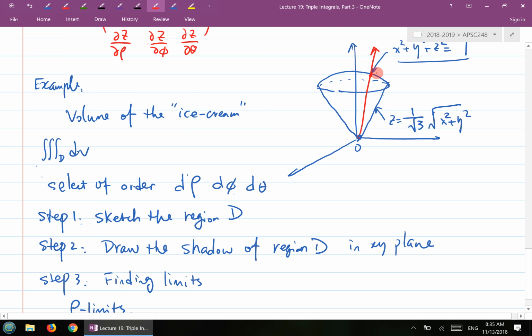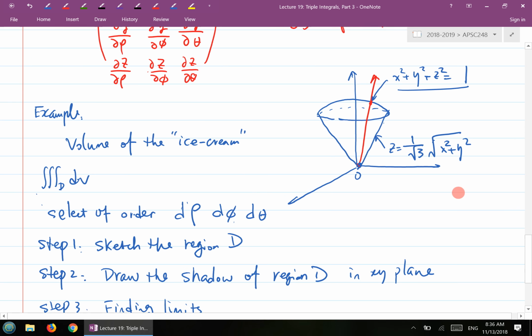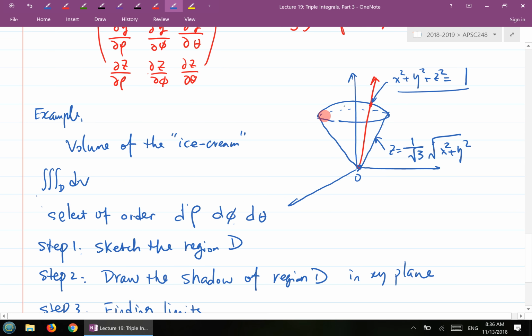The first contact gives you rho min, which apparently is 0, and the second contact is the rho max. Rho max in this case falls onto the top surface, which is this spherical surface, a sphere centered around the origin.